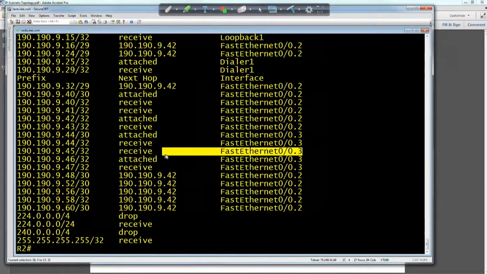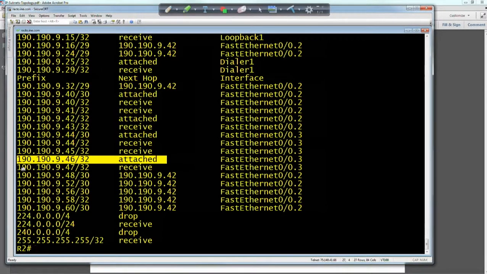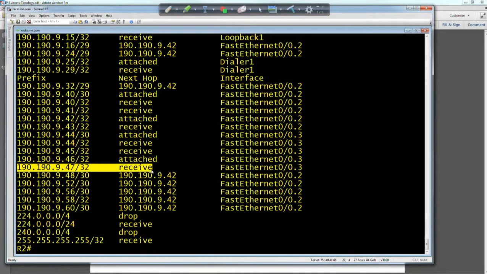He says, I'm attached to that. And 9.47, that is the broadcast address. And so if he gets a broadcast, receive it. So receive means I'm going to send it to myself. I'm going to process it locally, my CPU.